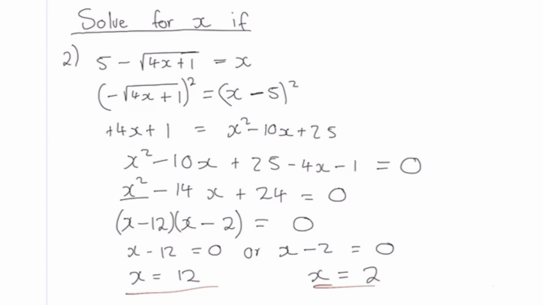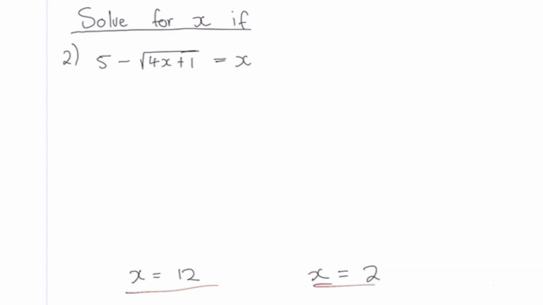Now let's go and test them. When we test x equals 12, we have 5 minus the square root of 4 times x plus 1. Put 12 in the place of x.